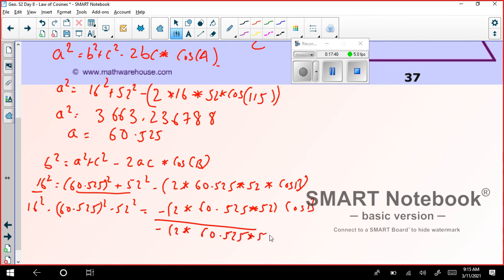You just divide by this number. So you'll have 16 square minus 60.525 square minus 52 square divided by negative 2 times 60.525 times 52. So these two will get crossed out.